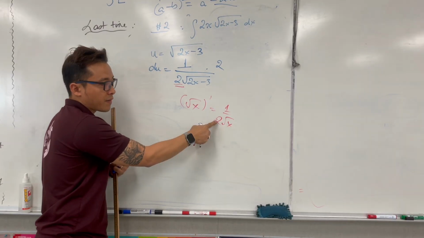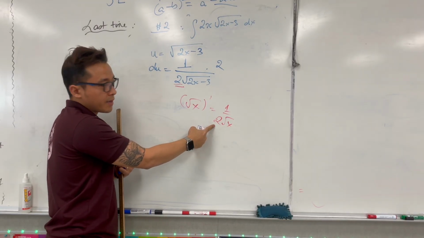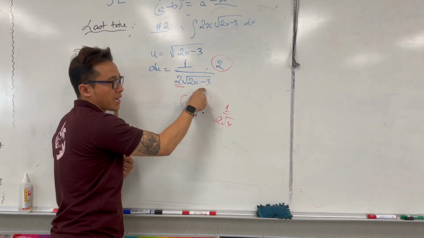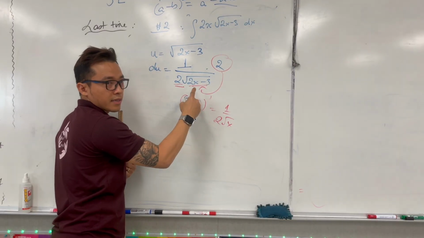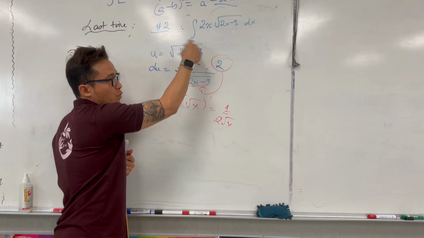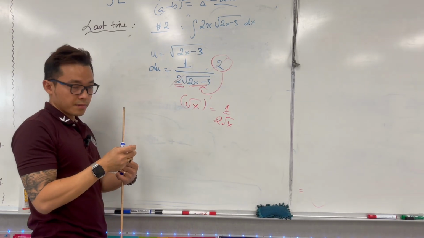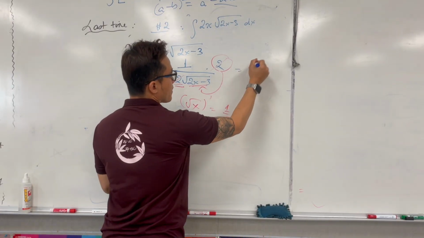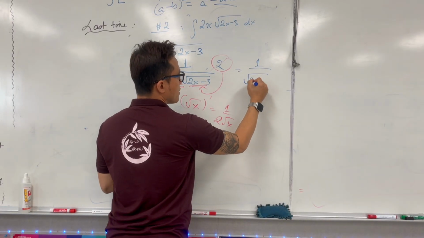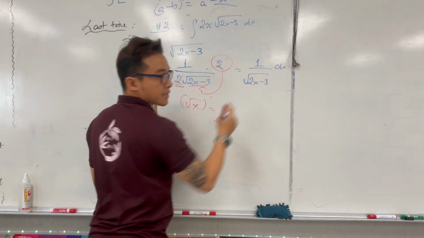But this 2 comes from the chain rule inside. You take the derivative of the inside and multiply it. The 2 and 2 are gone, so you only have 1 over square root of 2x minus 3 dx.